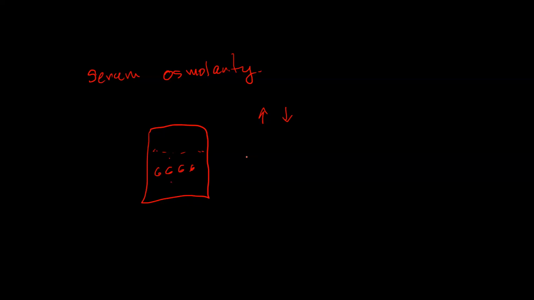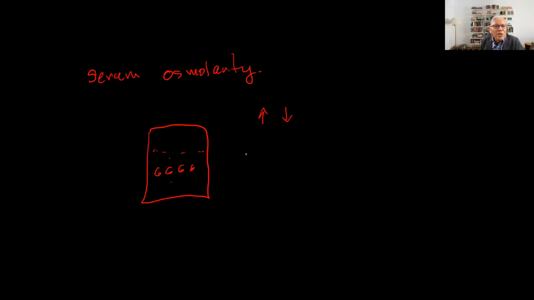Increase. It increases, okay? So that means you are going to be dehydrated. So an increase of serum osmolarity is dehydration. When you have a lot of fluid, then you have a decrease in your serum osmolarity.